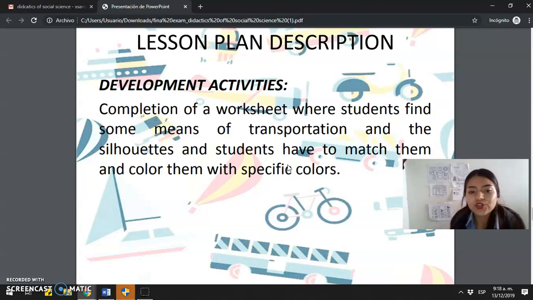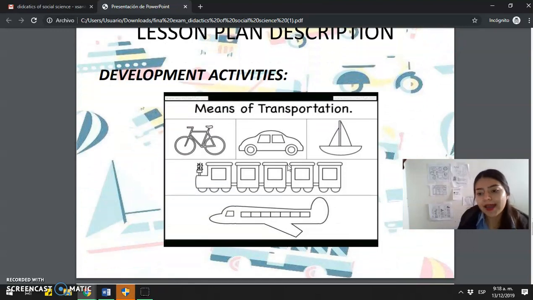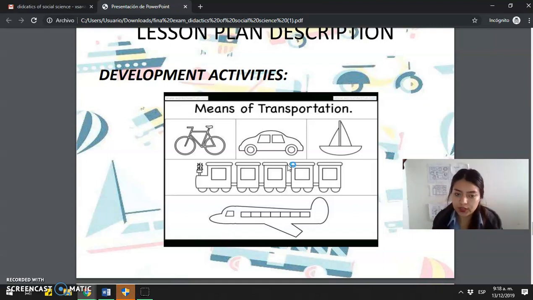Completion of a worksheet where students find some means of transportation and the silhouettes, and students have to match them and color them with specific colors. Well, I forgot to add the image, but I have two worksheets, or two points in the worksheets.